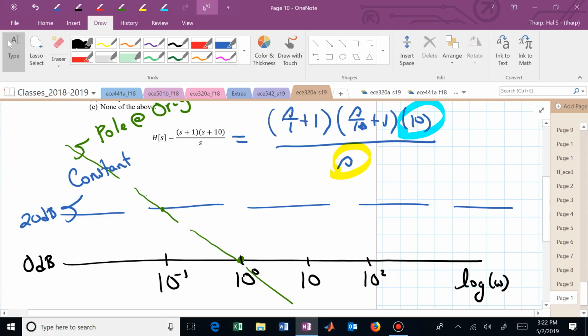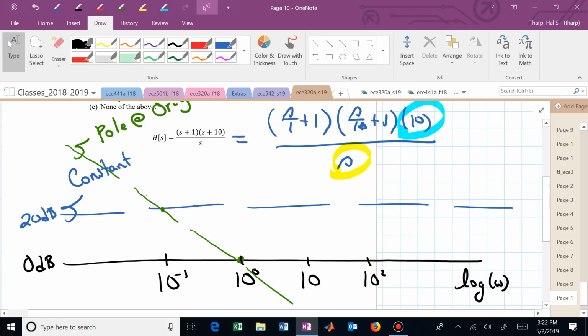If we put in j omega for s and we let omega be tiny, now we have 1 plus j tiny. So we can neglect the j tiny and we just have a 1. We say 20 log of 1, that's 0 dB. So yes, it's going to be 0 dB until it breaks. And where does that one break? If we write it in this way, it's breaking at that frequency that's underneath the s, which in this case is 1.